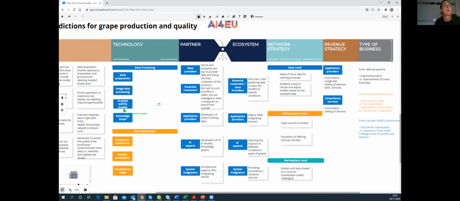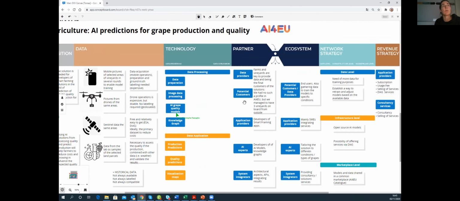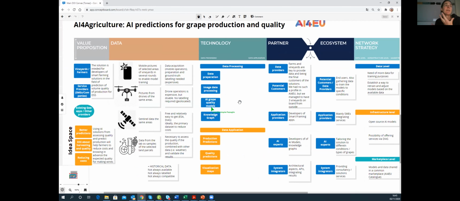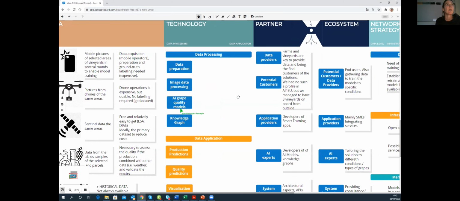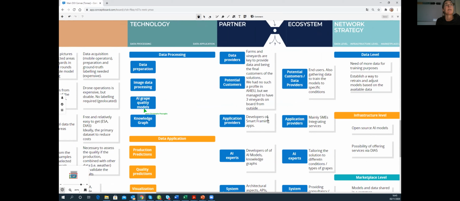If you move to the left, you have identified two different value target users, and both of them are represented as members in your project. On the one side, the SMEs, the companies who would use it, and on the other, the end users, vineyards and farmers. As a next step in terms of processing, we would always ask you to focus first on one of them in order to make the analysis not too complex.